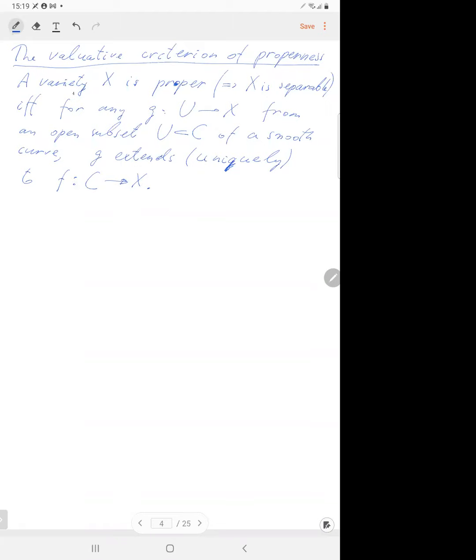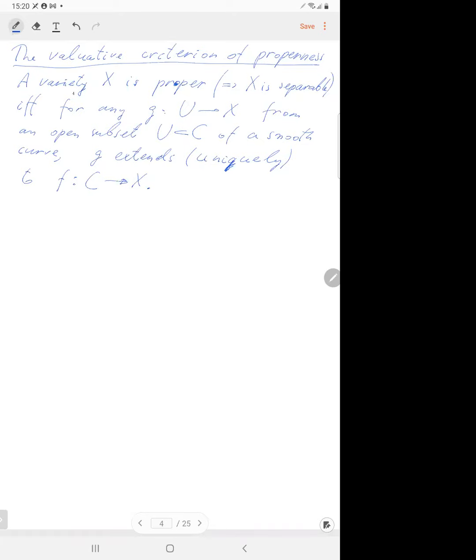Okay, so in a sense, you say that your X does not have any extra limit points. So you go along an open curve U inside X, and in principle you may tend to some point in the boundary which is out of X. If it does not happen, then X is proper, and you only have to check this for curves.